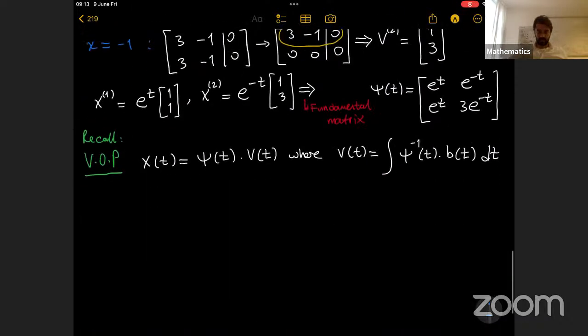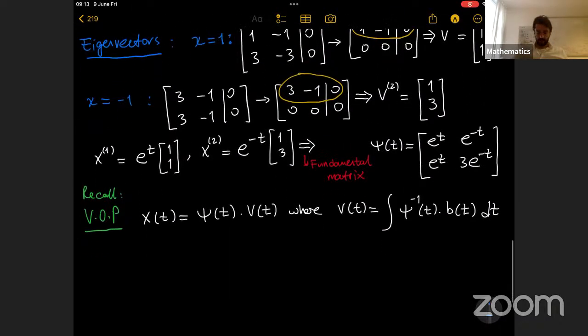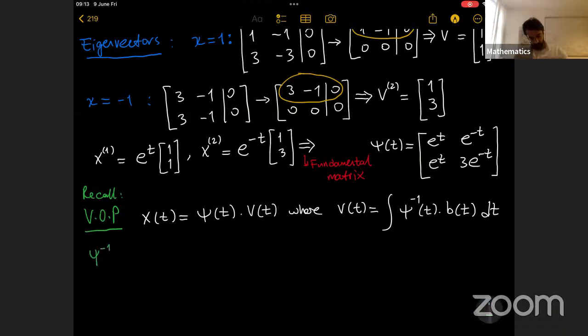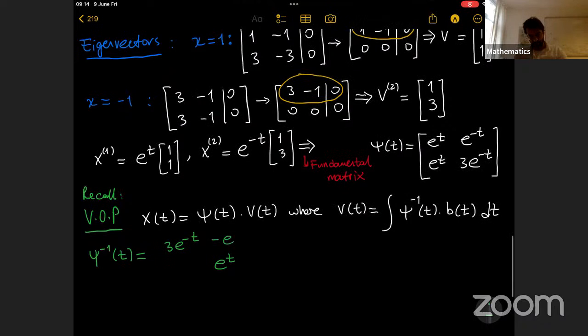Okay, so in this formula, we need the inverse of this matrix, and it's a 2 by 2 matrix, and you can find the inverse easily. You switch the diagonals and take the negative of the other ones. So psi inverse of t is 3 e to the minus t, e to the t. We switch the order in the diagonal and take the minus of this, minus e to the t.